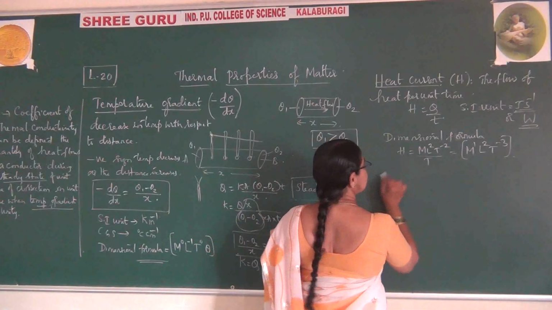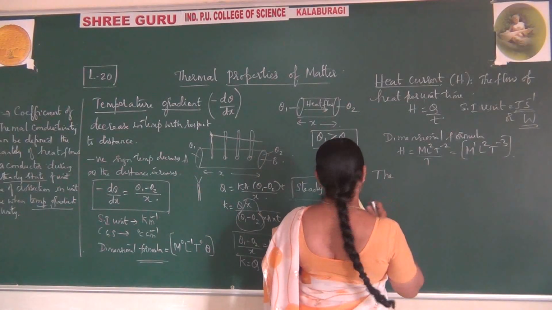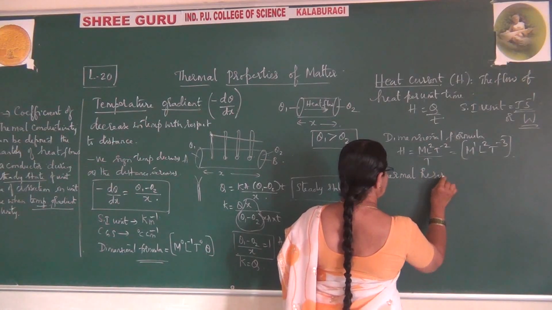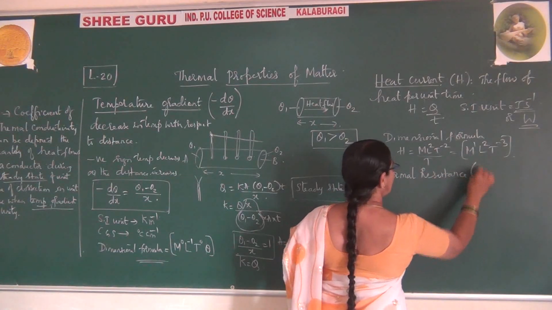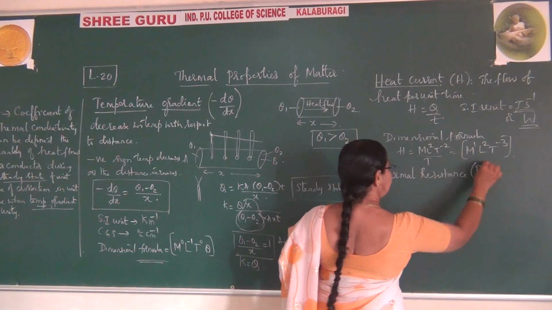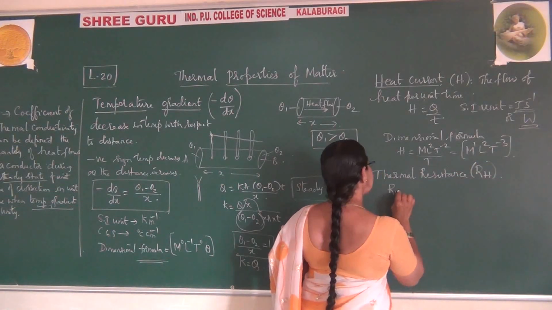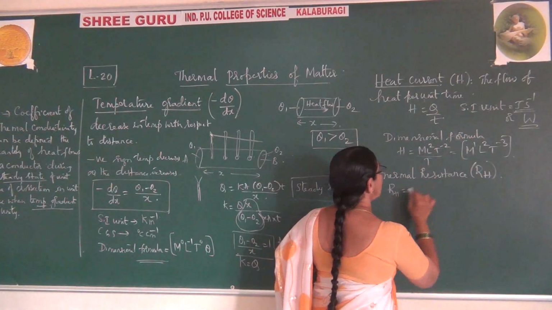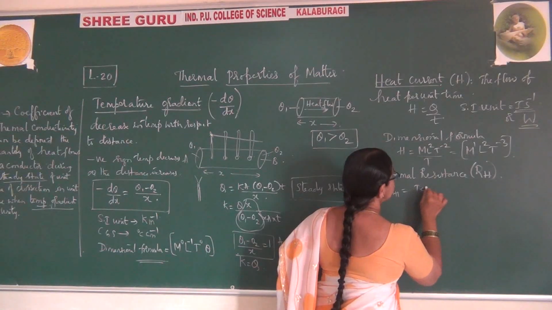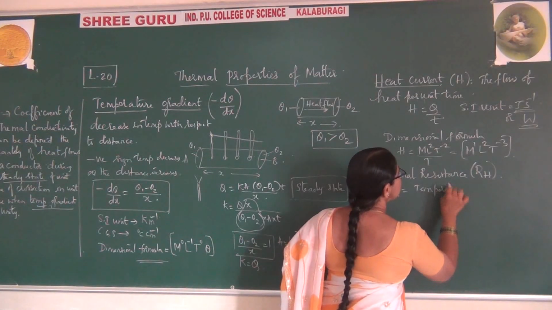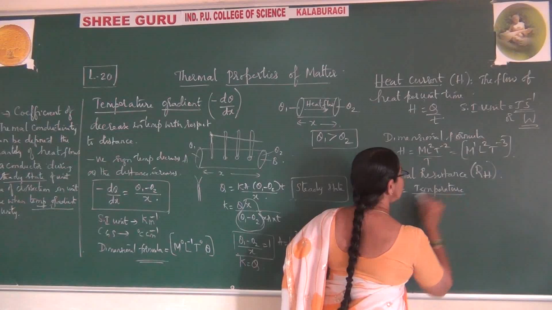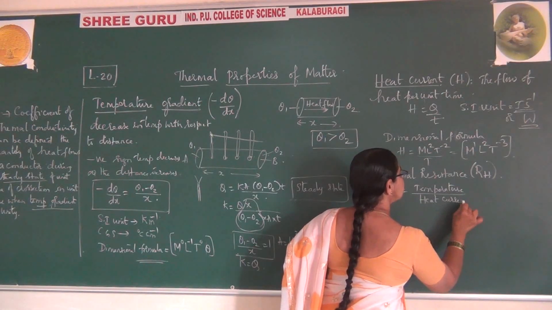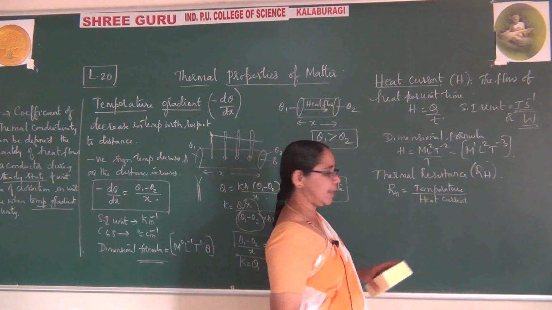That is thermal resistance. Thermal resistance symbol is RH. Very simple definition, where RH is equal to temperature difference to the heat current. Already we have just learned what is heat current.